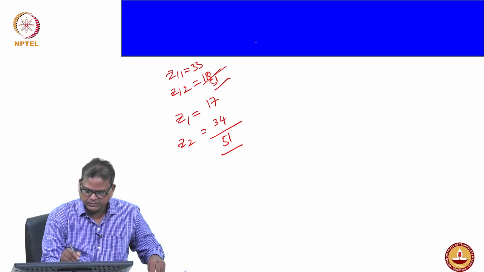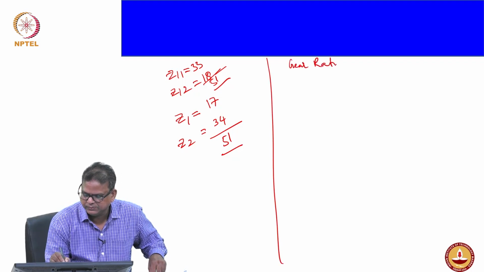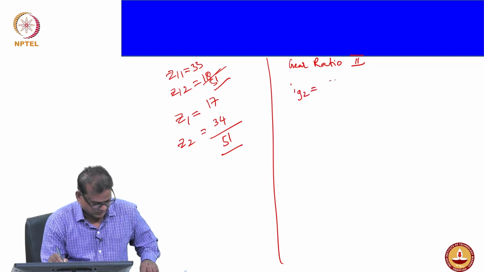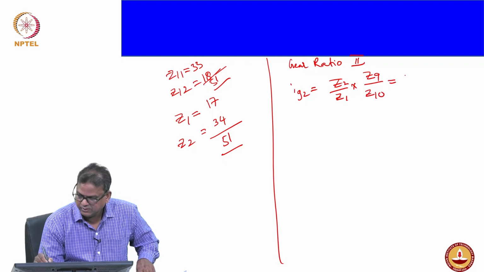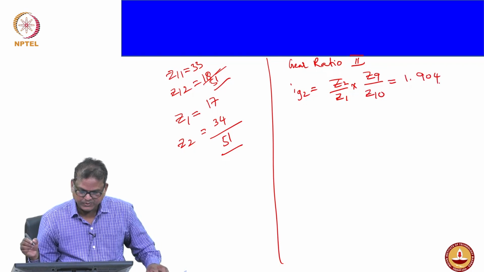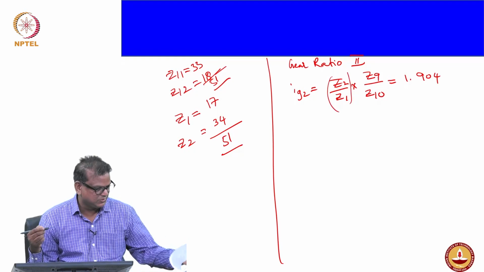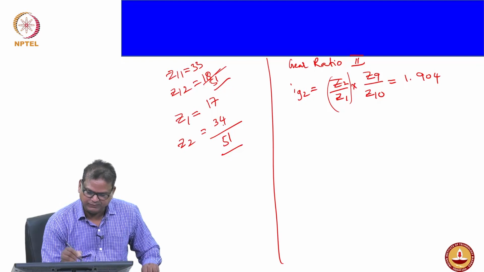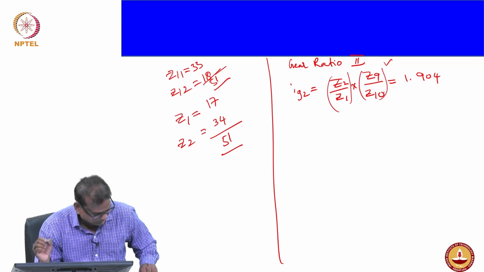Now we will move on to gear ratio 2, your Ig2, which is Z2 by Z1 into Z9 by Z10, equal to 1.904. Z1 and Z2 are already known to us, 17 and 34. So we need to focus only on Z9 and Z10.